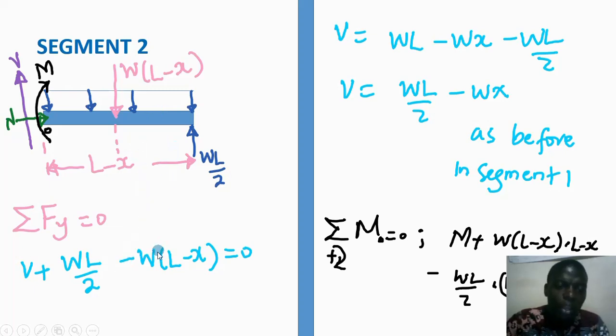Then we take away this W times L minus x, which is pointing vertically downwards, and this will be negative. So if we solve this particular problem, we will find that V plus WL out of 2 minus W into L minus X is equal to 0. So V is equal to WL out of 2 minus WX, and this is as it was calculated for segment 1.